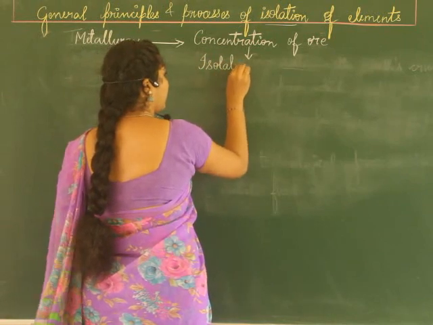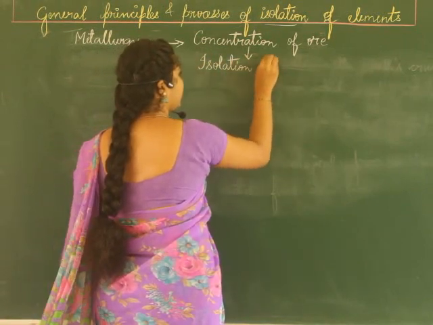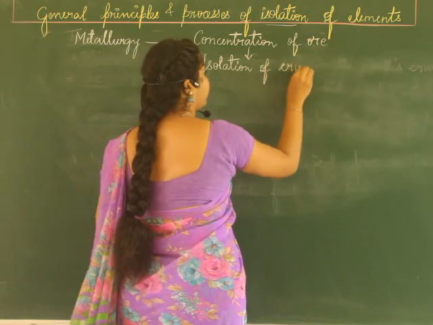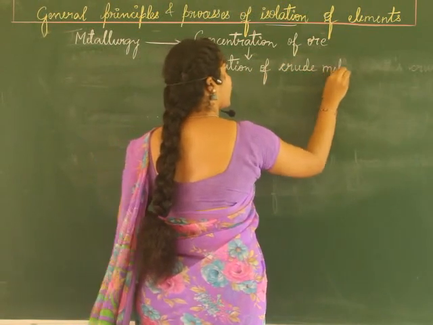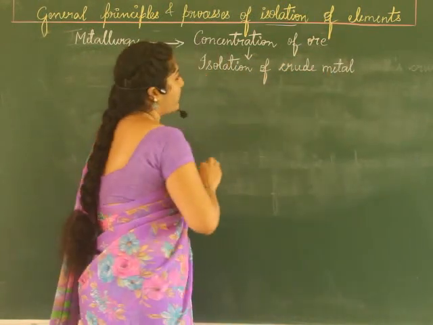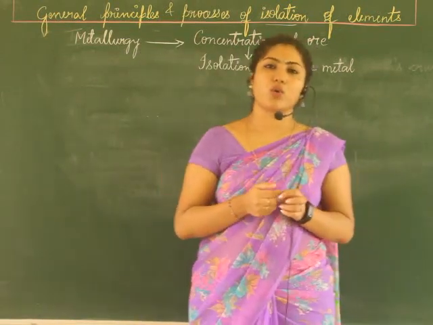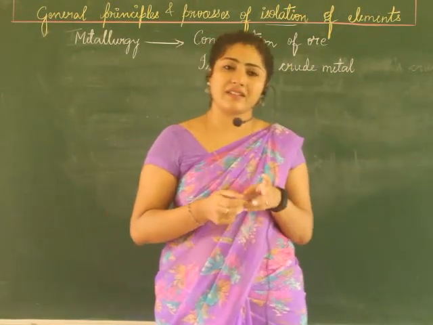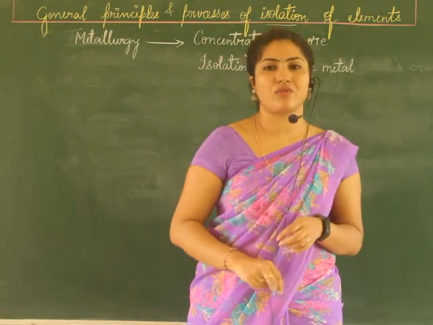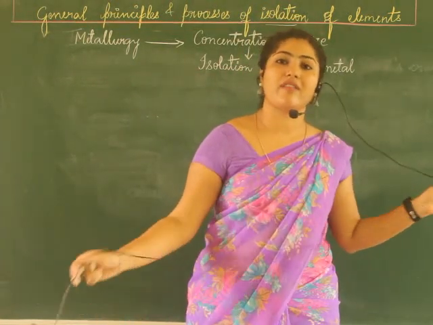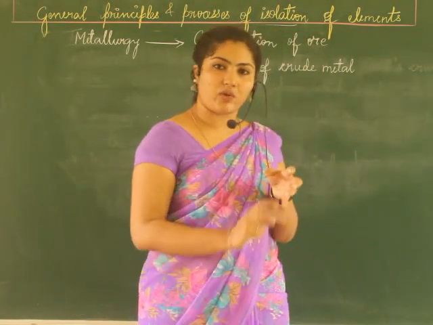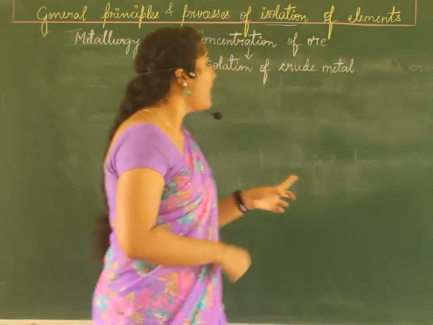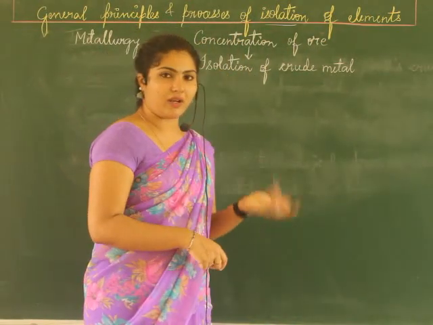Isolation of crude metal from concentrated ore. Why have I called it crude metal? Crude metal means it still contains some amount of impurities. It's not the refined form of metal. So we call it crude metal. Now after getting crude metal, what are we going to do?